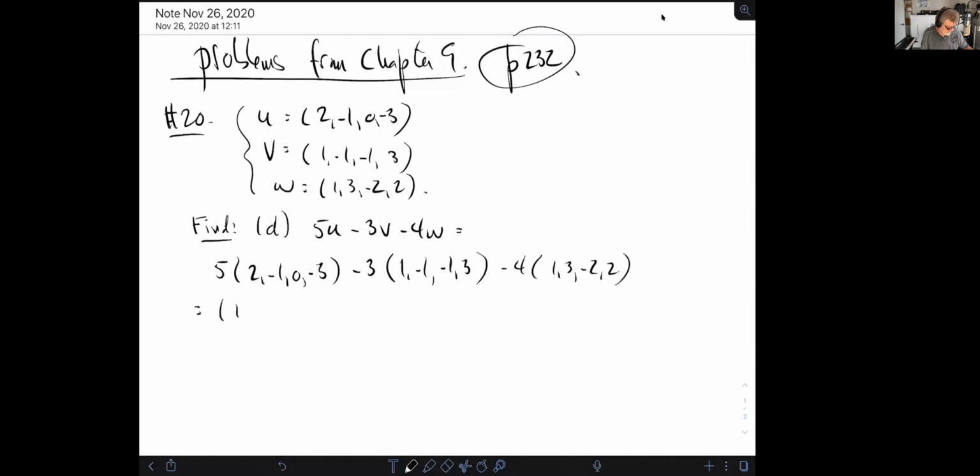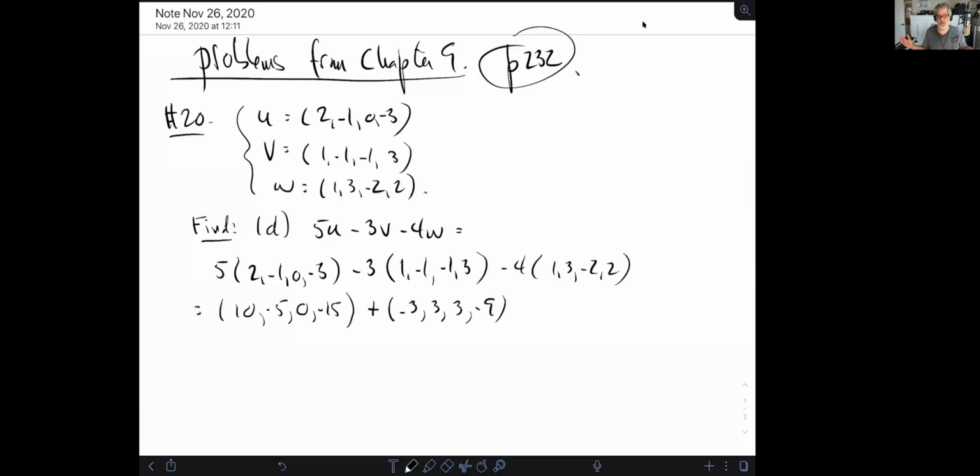So this is (10, -5, 0, -15). I can keep the minus sign outside or just bring everything in. That's what I'll do. So this is plus (-3, 3, 3, -9).